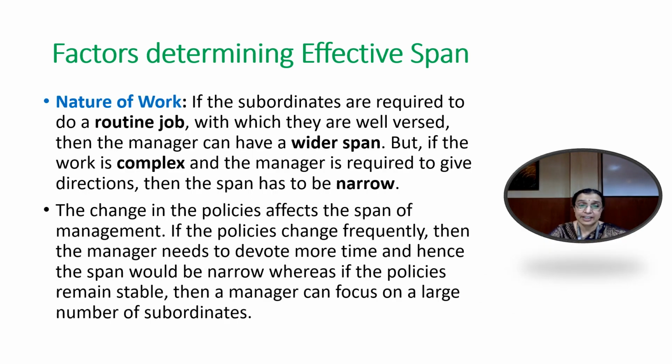Again, the nature of the job is also important. If it is a routine job and the subordinates are very well versed in that job, you can go for a wider span, and more employees can be taken into consideration. But where it is too complex in nature and more discussion is required, it is better to go for a narrow span, where a supervisor can minutely monitor the subordinate and help him do the task in an effective manner.